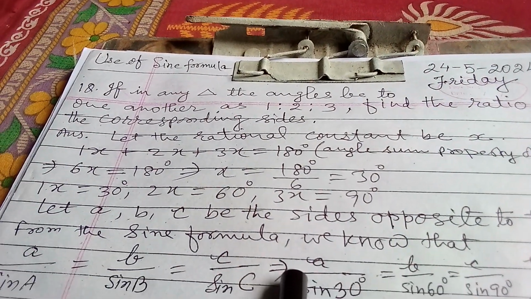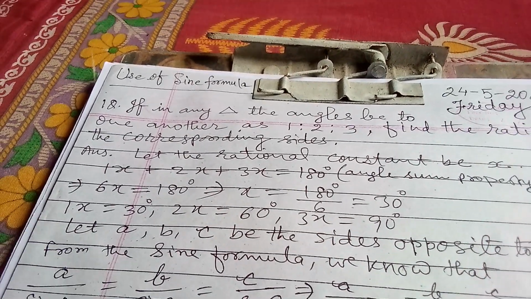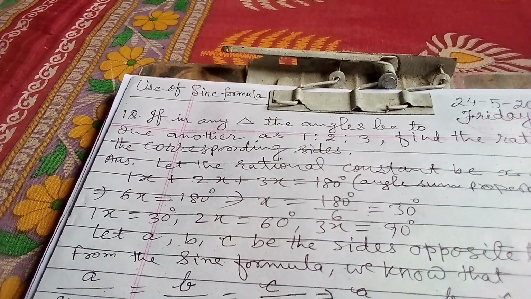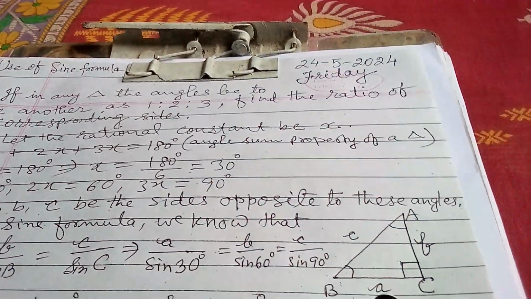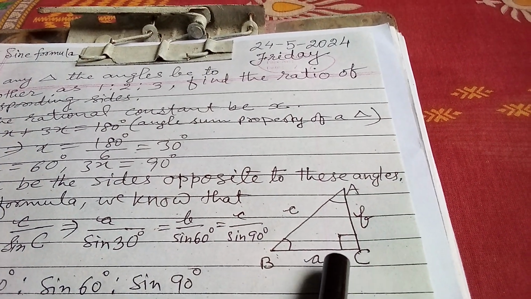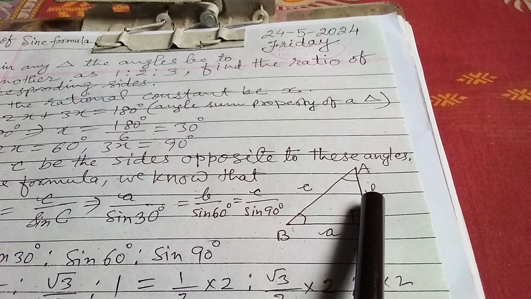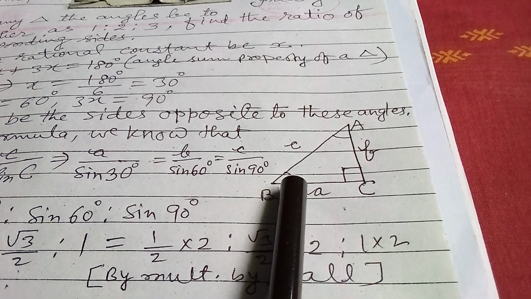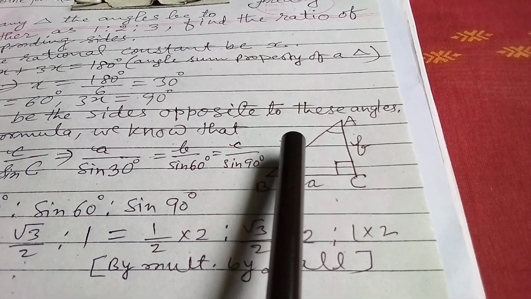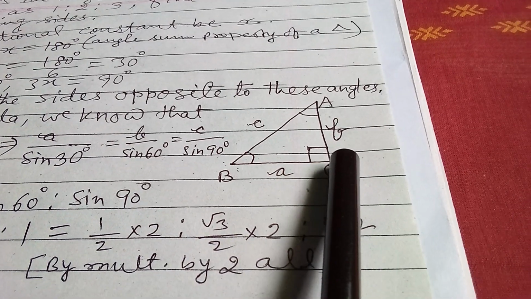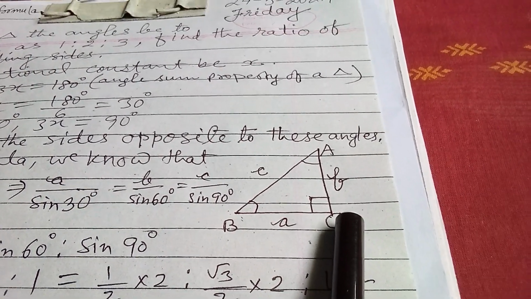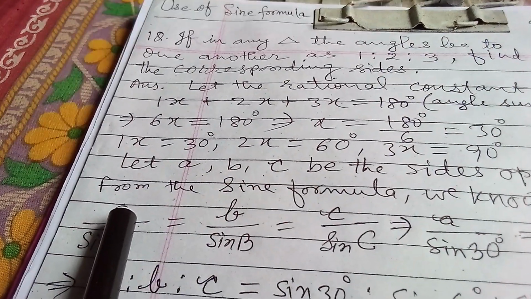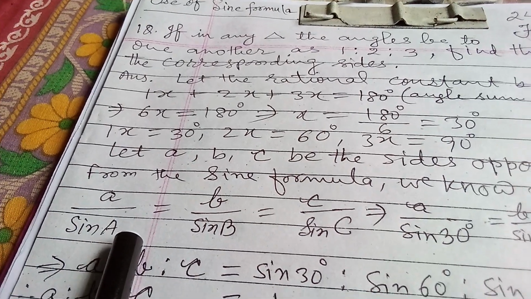From the sine formula, we know that a by sine A equals b by sine B equals c by sine C. Here, small a represents the side opposite to angle A, small b represents the side opposite to angle B, and small c represents the side opposite to angle C. So small a represents the side and capital A represents the angle.